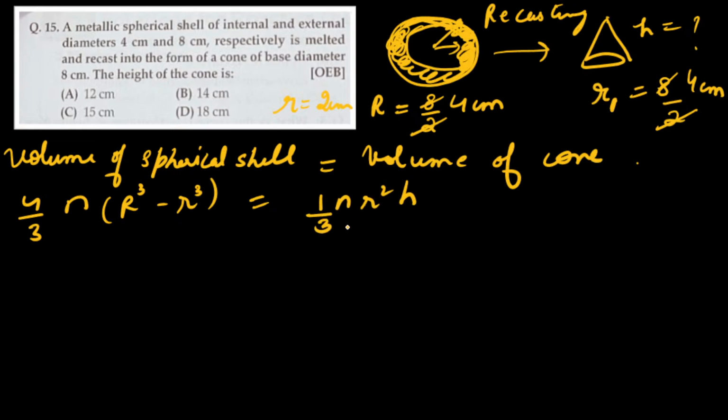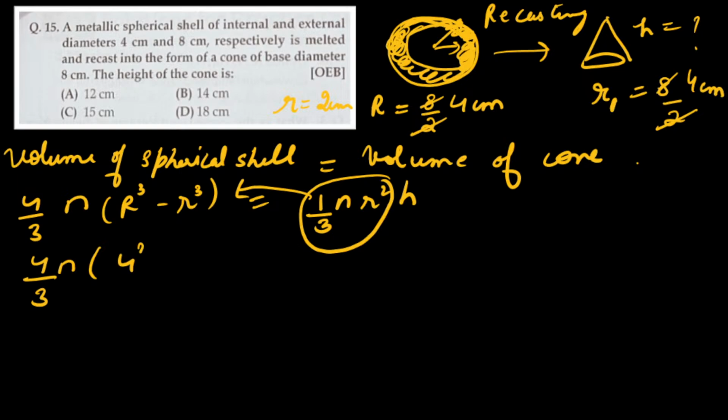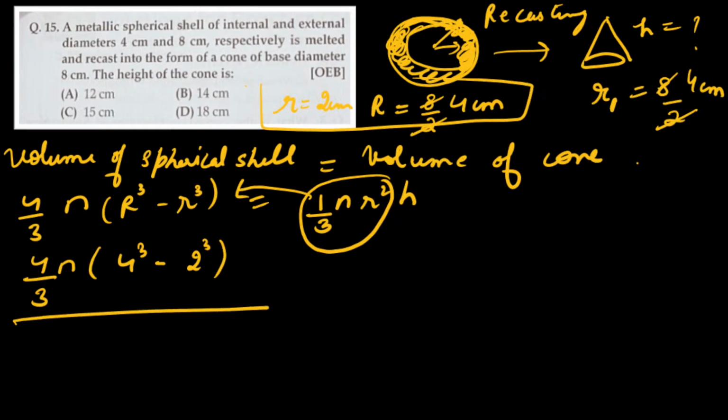So let's do the shifting. This full expression we have to shift to the other side because we have to find h. So here I'll just write 4 by 3 pi as it is. So R cube, capital R's value is 4, so 4 cube minus small r's value is 2. I've written the values at the starting itself. You can see here, I've written divided by, because this full expression is getting multiplied.